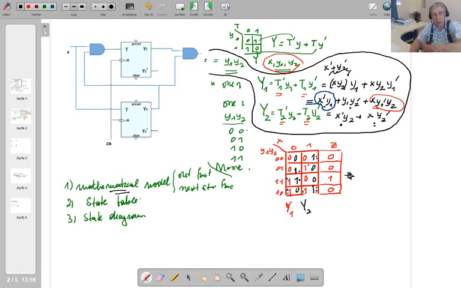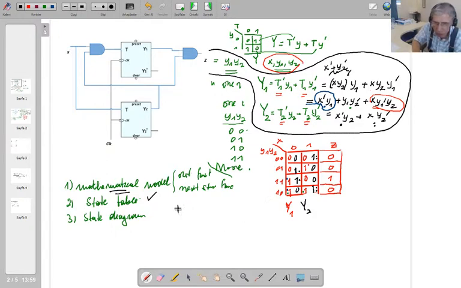Now this is a state table. So if you know the state table, you could analyze this circuit. So we have done this one as well. The last one is the state diagram. Once you know the state table, it is easy to find the state diagram. Let me draw it here. So we've got 4 states.